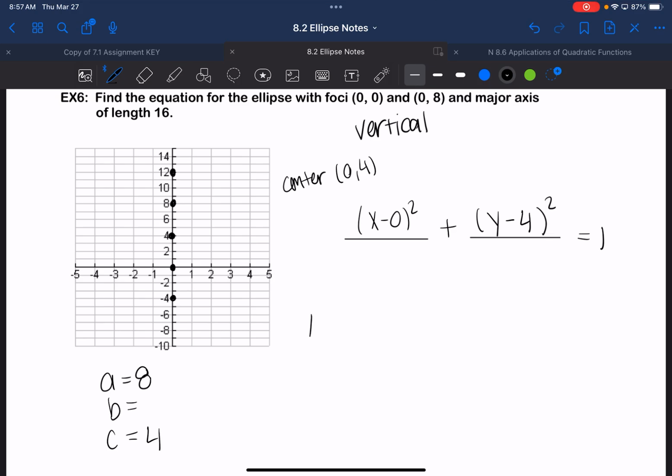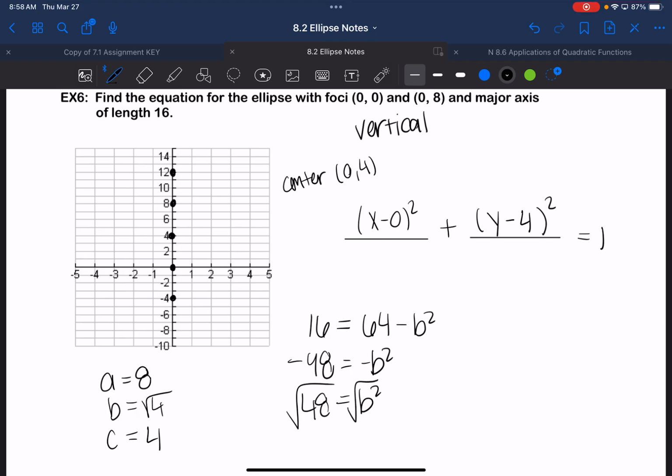So I'm going to have 4 squared, which would be 16, equals 8 squared, which is 64, minus B squared, right? So what's 16 minus 64? Negative 48, right? So negative 48 equals negative B squared, or B squared equals 48. Therefore, B is square root of 48, right?